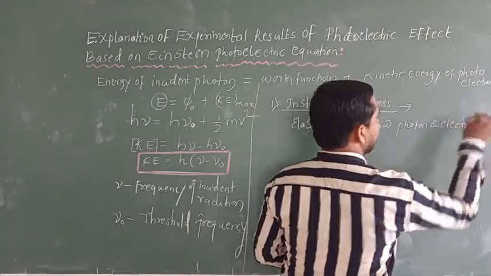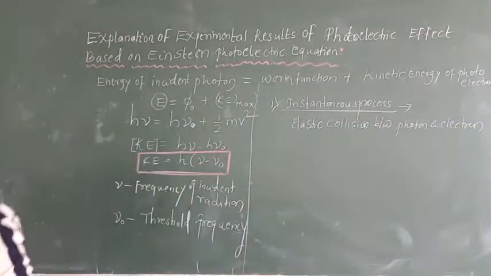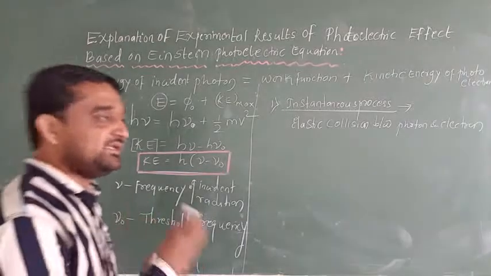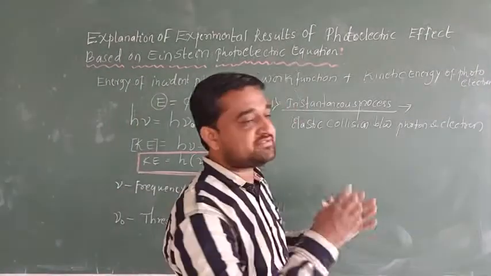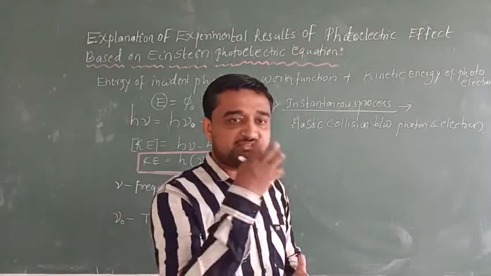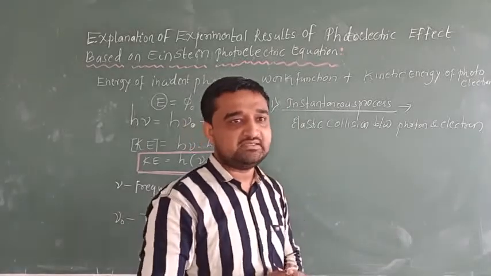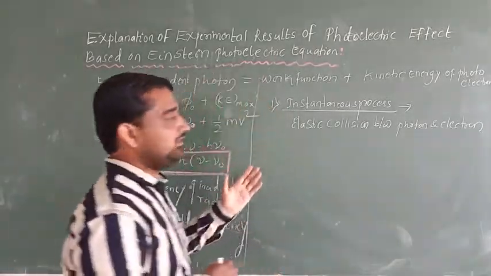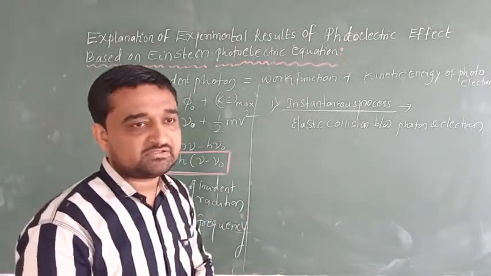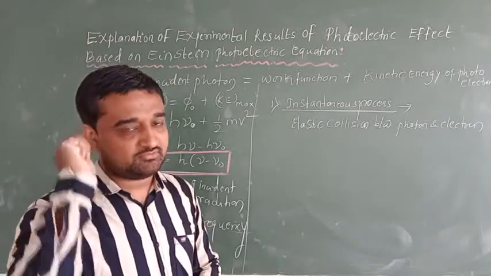So it is an elastic collision between the photon and the electron, and during that collision, the energy of the photon is transferred to the electron without time delay. So that electron takes the energy immediately, and if the energy of the incident photon is greater than the work function, then that electron will be emitted as a photoelectron.